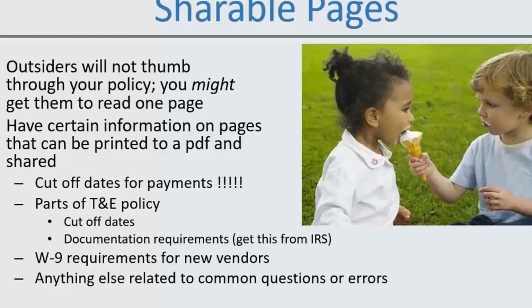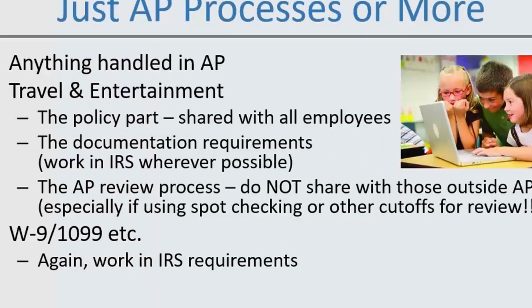Again, cutoff dates, parts of your expense reimbursement policy, documentation requirements. That's an especially good one from Publication 463 that you get from the IRS, W-9 requirements, and anything that's related to common questions or errors that people seem to be making over and over again.